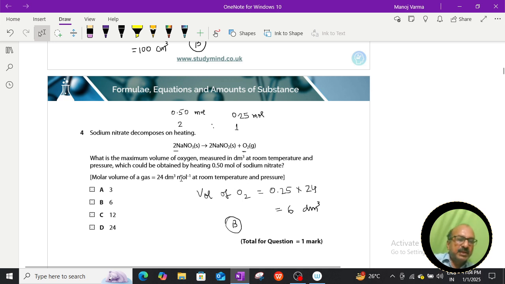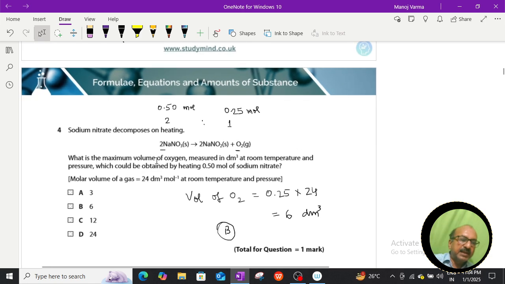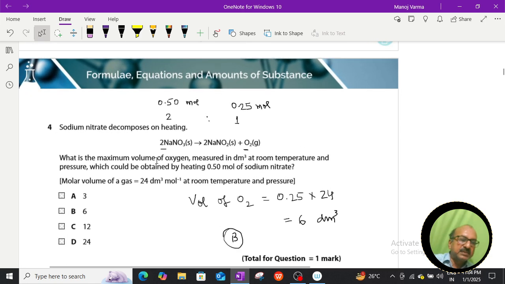Okay, so here we have to again use the mole ratio, that is 2 moles of sodium nitrate give you 1 mole of oxygen. So the mole of oxygen is half of the mole of sodium nitrate. That is what you have to understand in this.